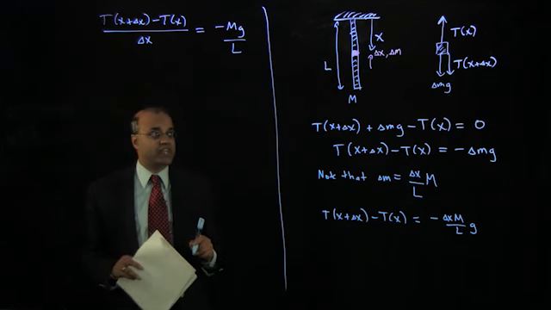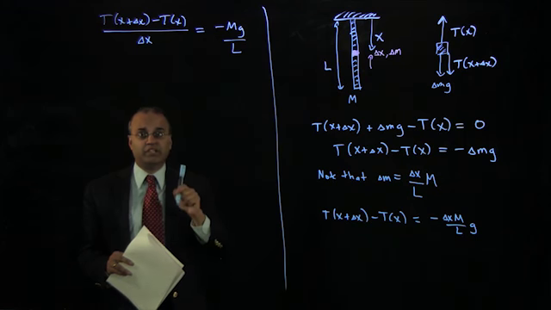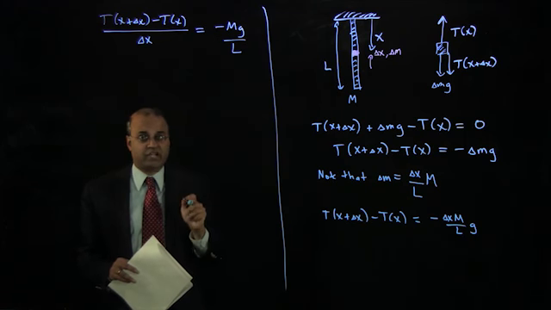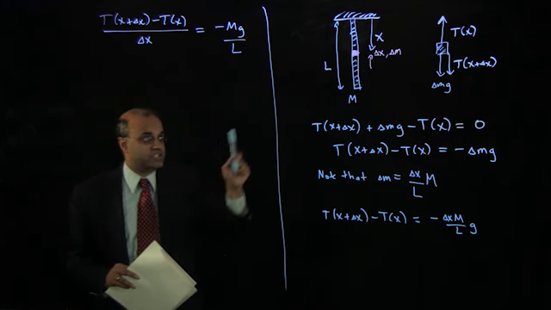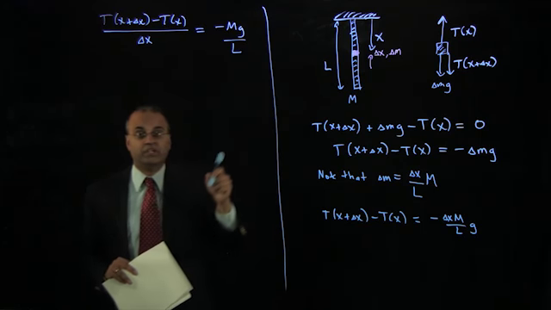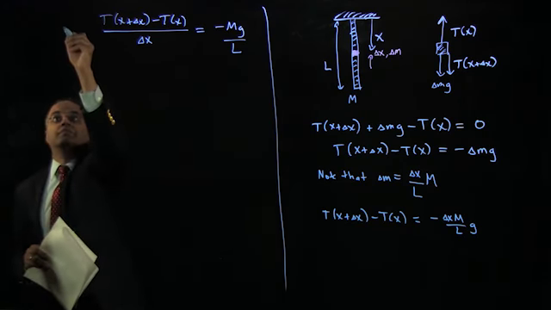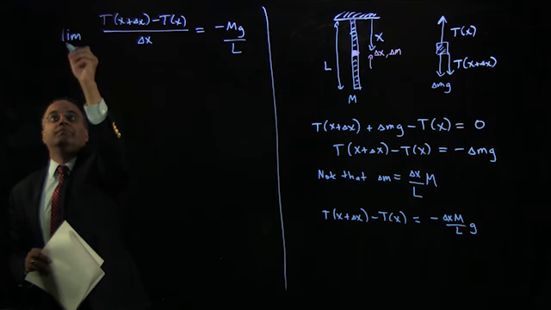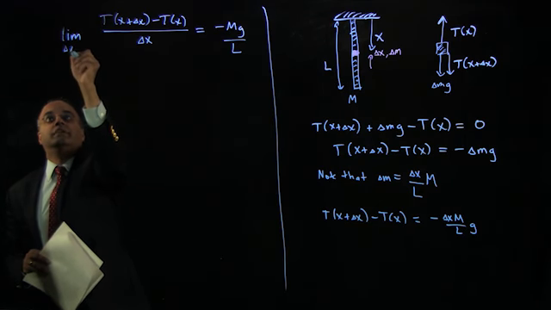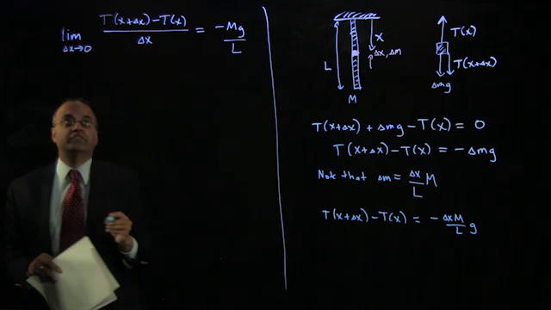Now, I'd like to examine what happens if I go to the limit of a small mass element, in the limit as delta x goes to 0, or in other words, the limit of an infinitesimally small mass element. So I'm going to take the limit of this equation as delta x approaches 0.